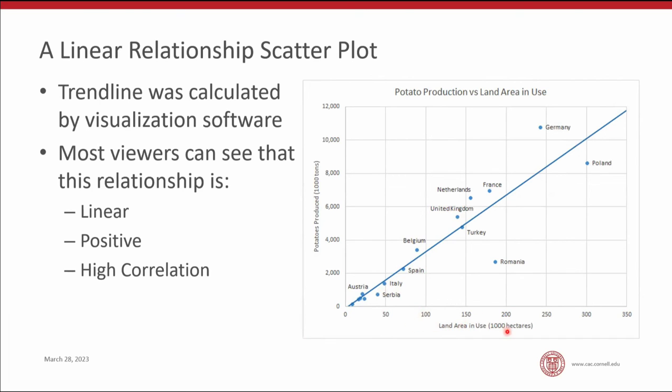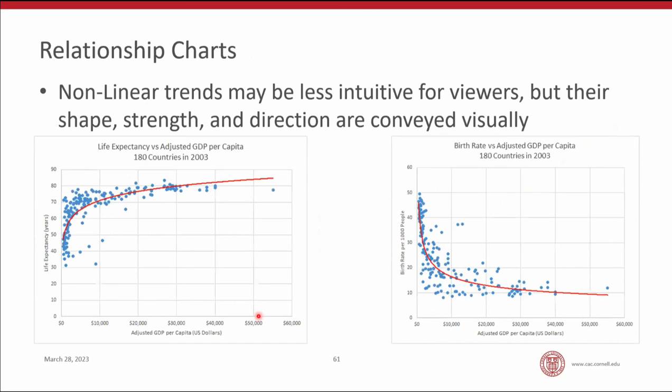And you can also spot some outliers here. Germany seems to produce more per hectare than most other countries. And Romania is lagging way behind, so they're not nearly as efficient. So you could call those out with annotations or some other highlight to show those countries.